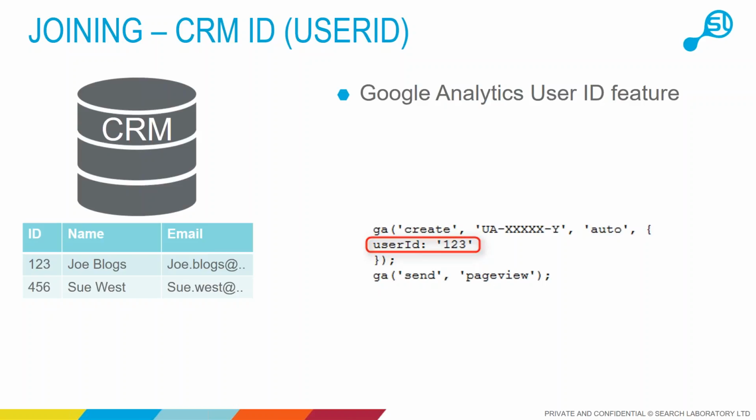So against every record of a person, you will have an ID internally. And the thing that underpins this is implementing an advanced feature of Google Analytics, called the user ID feature. Ultimately, all that means is whenever somebody visits your website, you need to output that ID of that person in the tracking code.